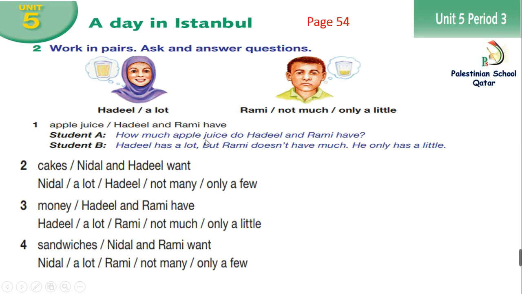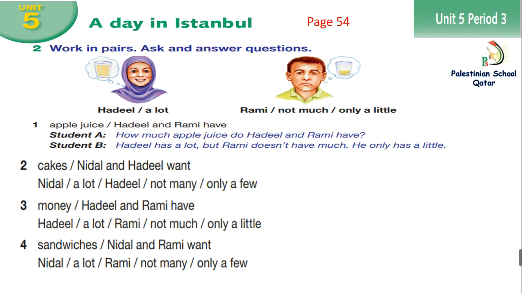So if we want to ask, we say how much. How much apple juice do Hadil and Rami have? And the answer is Hadil has a lot, but Rami doesn't have much. He only has a little.